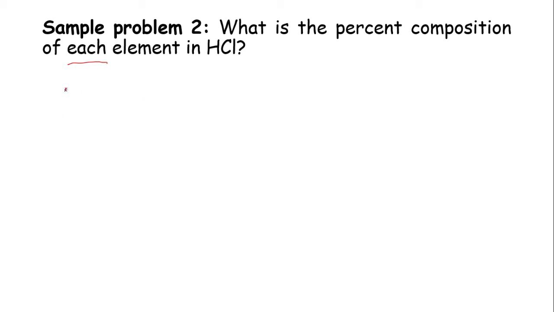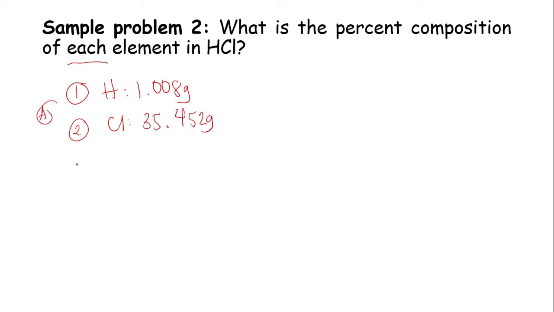So you have to look at your periodic table. Hydrogen is 1.008 grams and chlorine has 35.452. So the next step is to find the molecular mass of HCl. To do this, just add these two. We will have 36.46064.